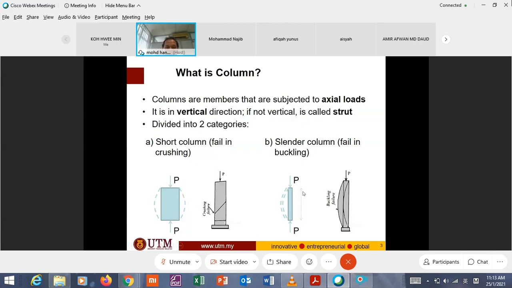If otherwise not vertical, it is called strut. And it is divided into 2 categories: short column and slender column. For short column, it will fail in crushing, and for slender column, it will fail in buckling. We will see later on what is crushing and what is buckling. This is introduction to column.